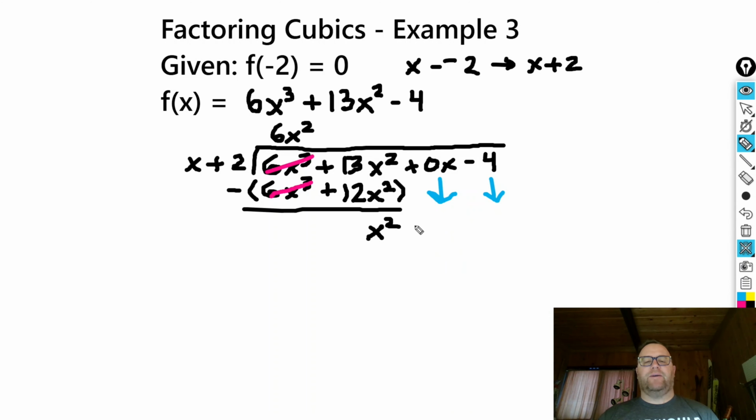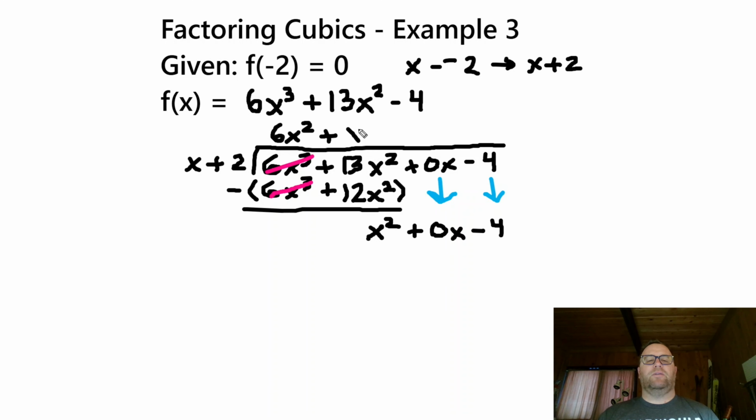So we have plus 0x minus 4. X goes into x squared 1x times, so plus x here. So we do x times x is x squared.